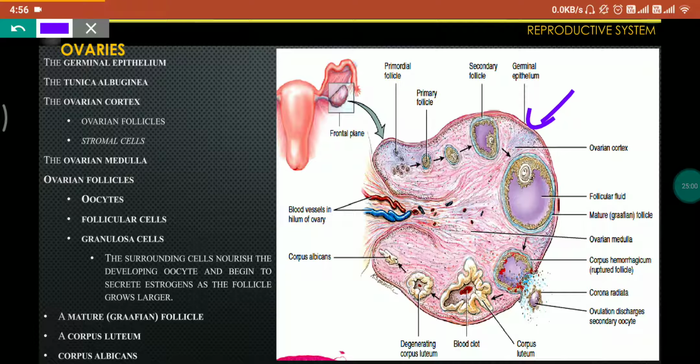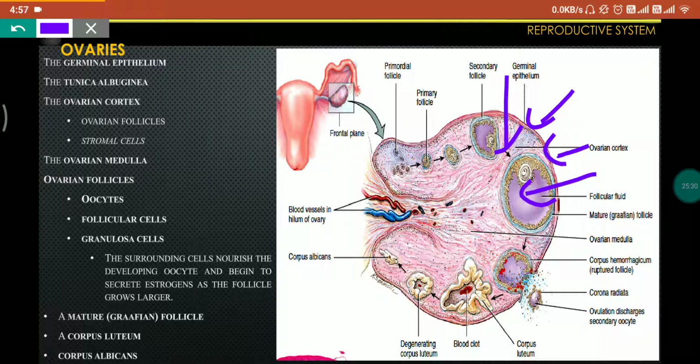The second layer is the tunica albuginea, a dense fibrous connective tissue, which forms the covering layer of the ovaries. The ovarian cortex is the outer part of the ovary, which consists of follicles and stromal cells.